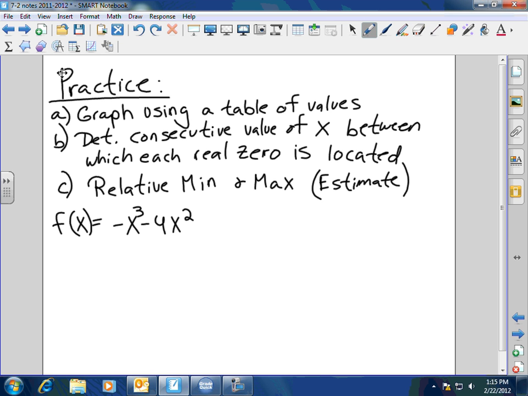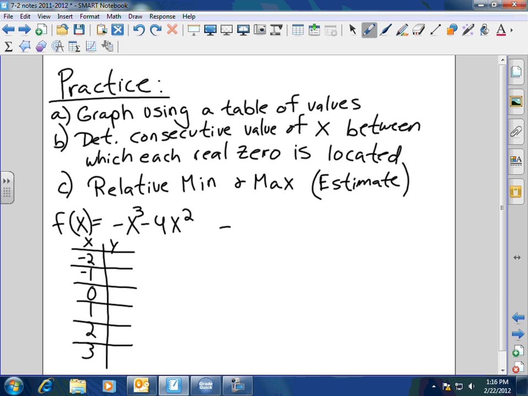Okay, so let's get a table going here. Let's go negative 2, negative 1, 0, 1, 2, and let's go 3. Let's see if that gives us enough. When x is negative 2, y is negative times negative 2 cubed minus 4 times negative 2 squared.